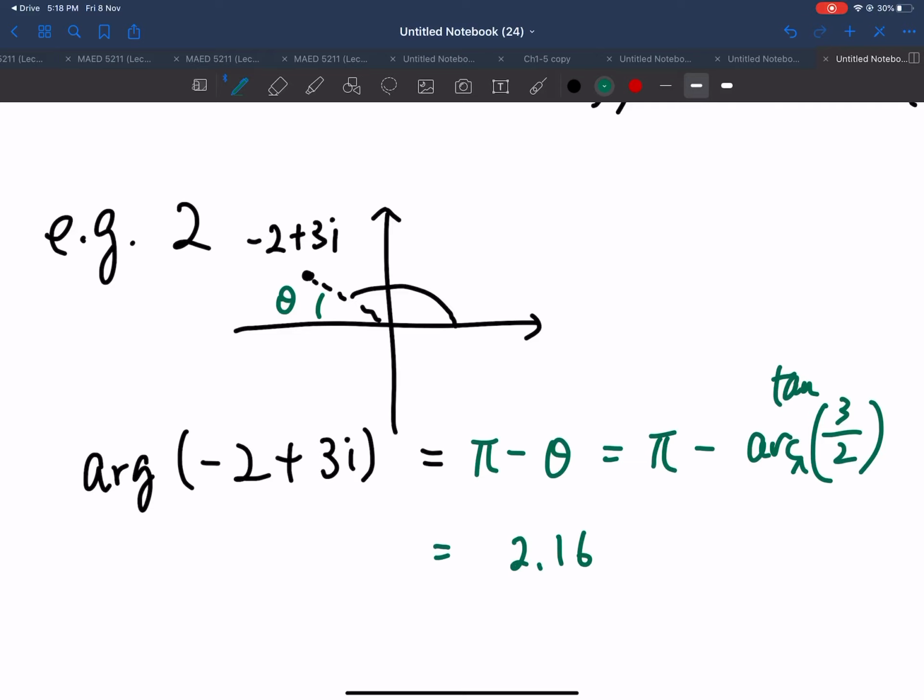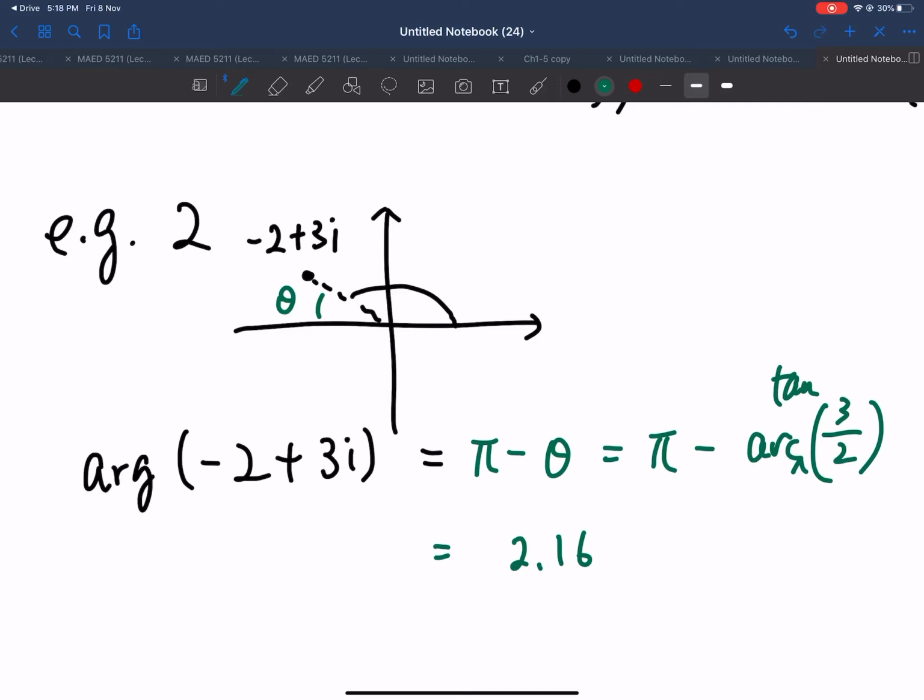There are 2 ways to do that. So that's the first way. Another way is a little bit difficult. Because in your calculator, when you do the arctangent, the value given is from negative pi over 2 to pi over 2.